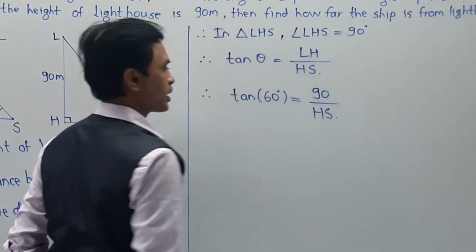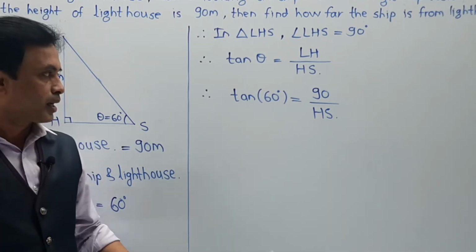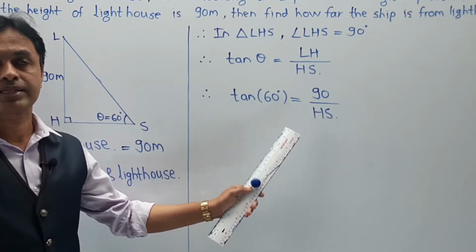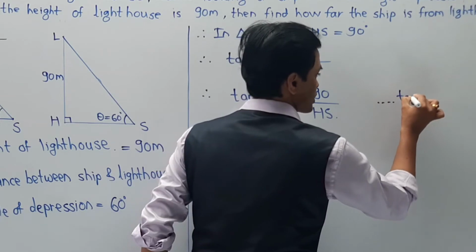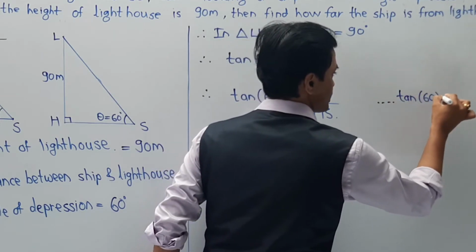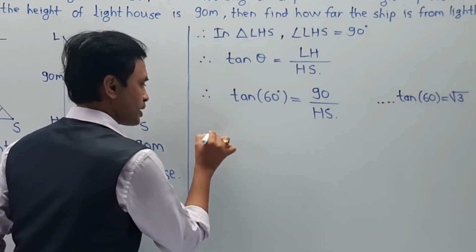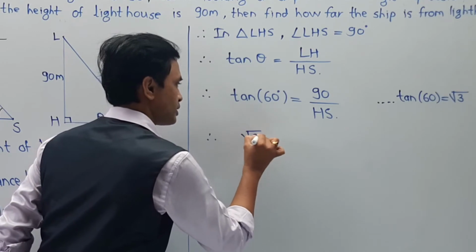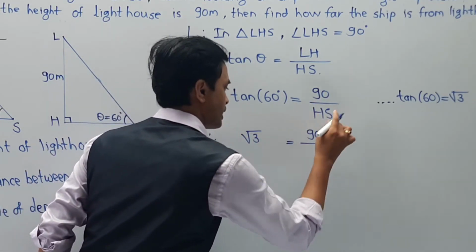This is what we have to calculate. Now remember, from the table we know the value of tan 60 is root 3. So using this value, root 3 is equal to 90 upon HS.